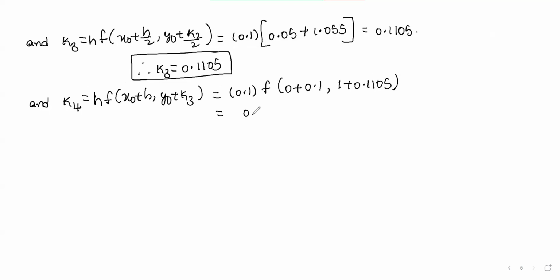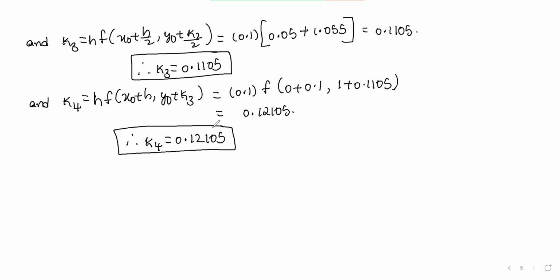Finally, we get 0.12105. Therefore, K4 is equal to 0.12105. So, these are the values for K1, K2, K3, K4.